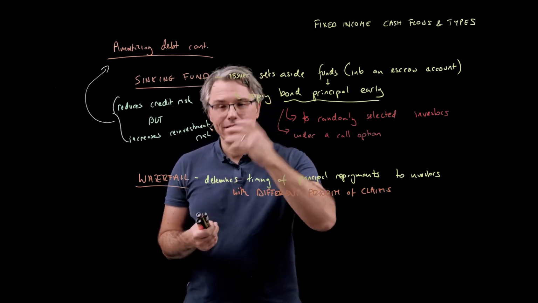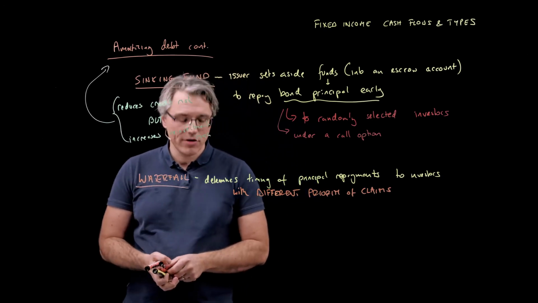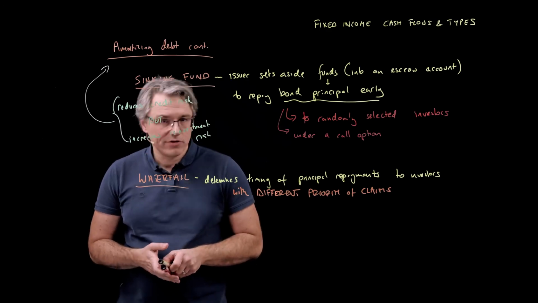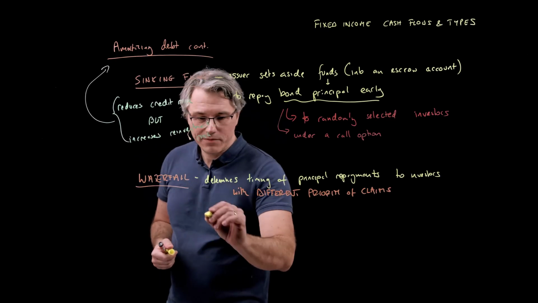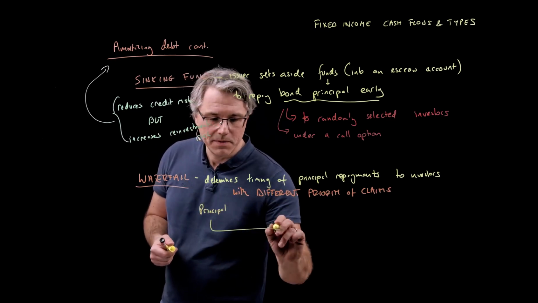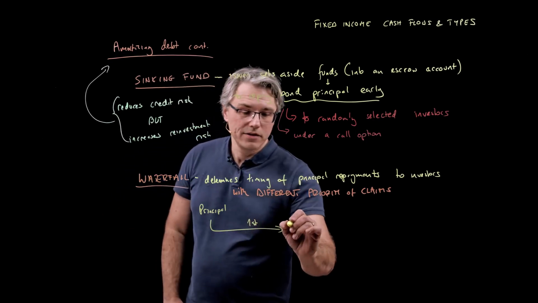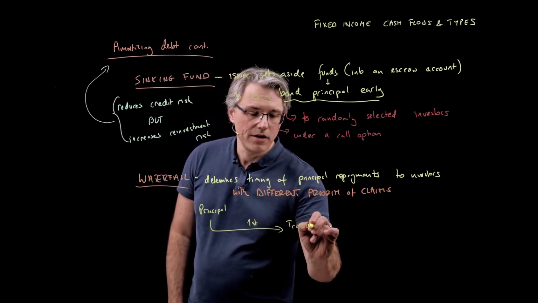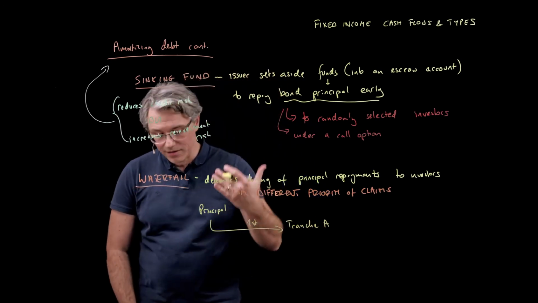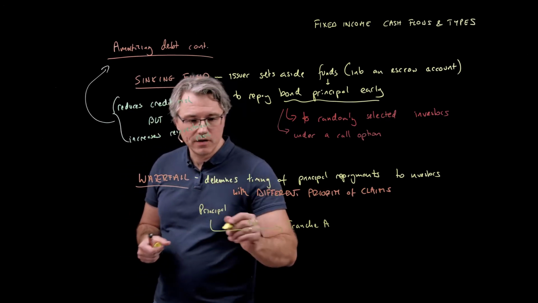And now it's a question of how do you distribute that principal to the investors holding mortgage-backed securities. If it happens under a waterfall structure, what will happen is the principal will first be used to repay those investors who hold bonds belonging to the highest tranche, the highest class of security issued under the waterfall.